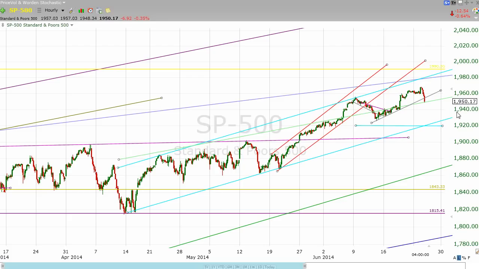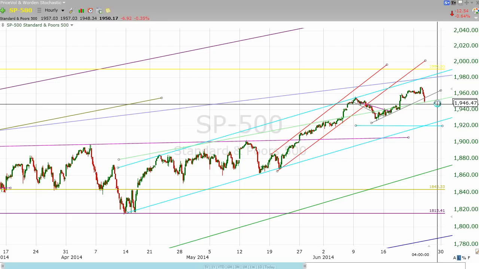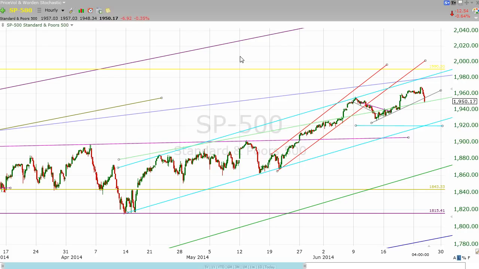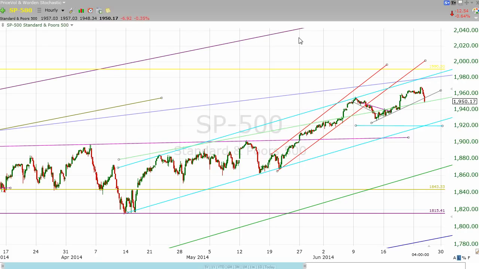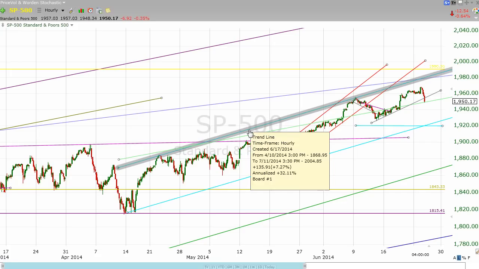Actually, the close 1950, but we did a little bounce at around 48. So that's about a 20-point swing within what appears to be about 5 hours.